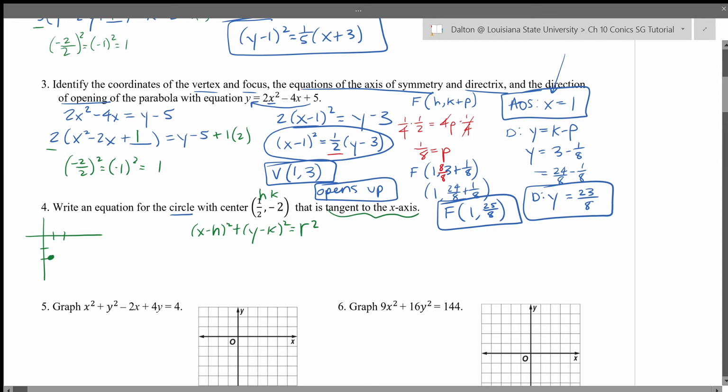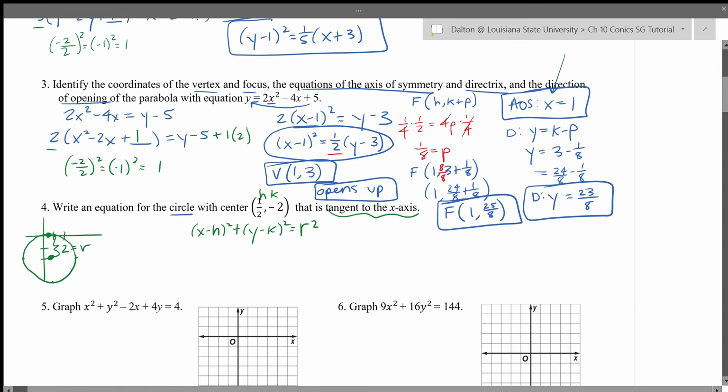So if this is the center of the circle, and the circle is tangent to the x-axis, the only way that it will intersect the x-axis only once is if it intersects the x-axis directly above here, right? And then it'll intersect it over here and down here to make the circle like this. Well, in drawing this little sketch, that tells me the radius. The x-axis and that center point are 2 units away. So that must mean that the radius is equal to 2.